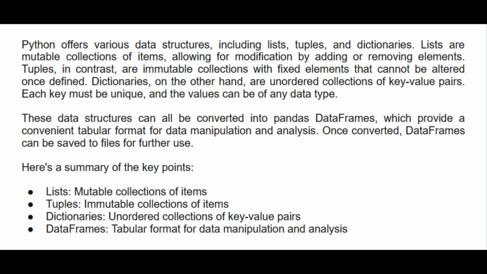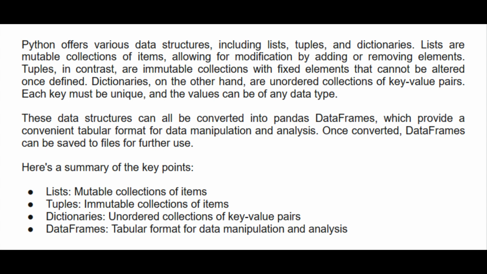Python offers various data structures, including lists, tuples, and dictionaries. Lists are mutable collections of items, allowing for modification by adding or removing elements. Tuples, in contrast, are immutable collections with fixed elements that cannot be altered once defined.